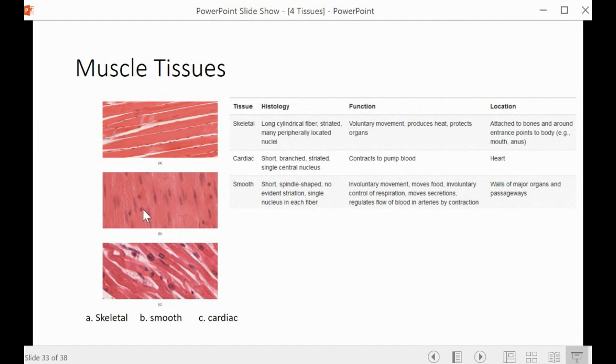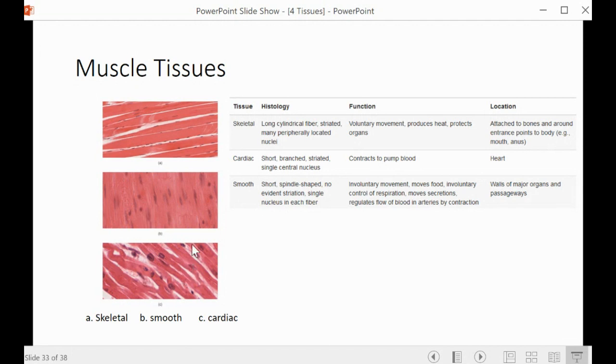So it's going to move our food involuntarily through our digestive system. Like once we swallow, that's kind of it, right? We don't sit there and say, okay, stomach, let's move it through our stomach. No, we don't do that, right? And so we actually have this smooth muscle that helps with that. Involuntary control of respiration when we're just breathing, and it helps to move secretions, regulates our blood flow in our arteries by our contractions, right?